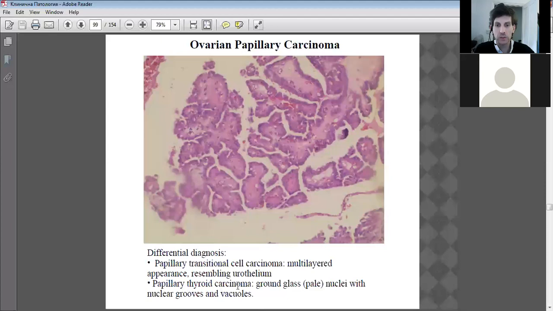I think that's what I'm assuming. He's trying to contrast the two. Because this is ovary, it's not thyroid. But I think what he's trying to do is compare this with the thyroid. If you get two slides, one of thyroid, look for nuclei that are kind of pale, not purple stained.